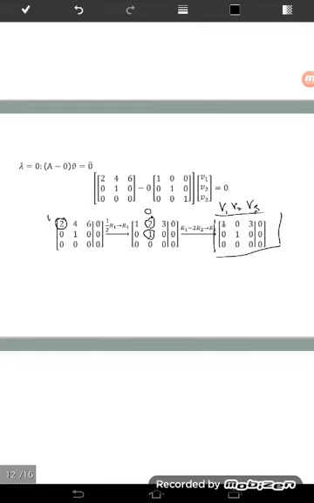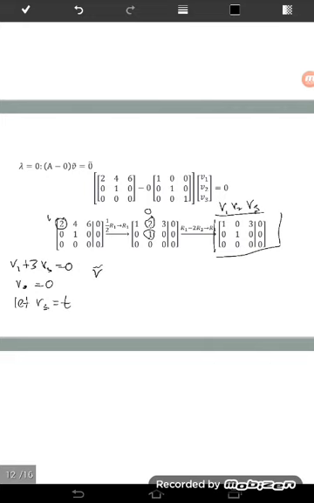For v1 there is a leading 1, v2 also has the leading 1, so v3 is the free variable. From this matrix, we have v1 plus 3v3 equal to 0, and v2 is equal to 0. Let v3 be equal to t. So v1 is equal to negative 3v3, which is negative 3t.